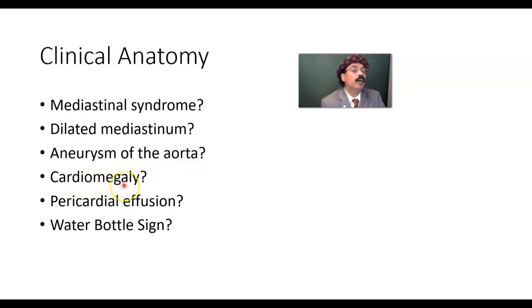Cardiomegaly, enlargement of the heart, may be a complication of hypertension. Pericardial effusion may be due to tuberculosis or virus, or maybe due to some type of cancer. There may be a collection of fluid in the pericardial space, the mediastinum may be widened, and we get the water bottle sign in that condition.